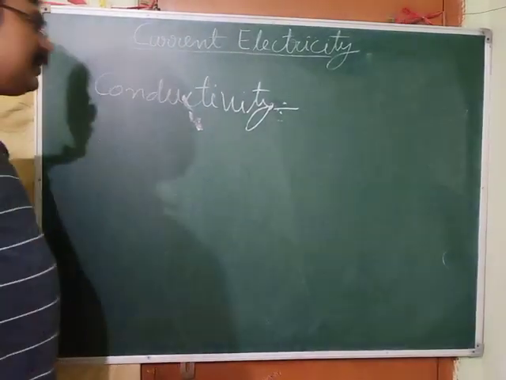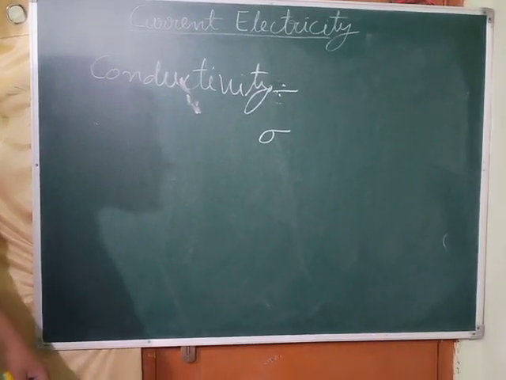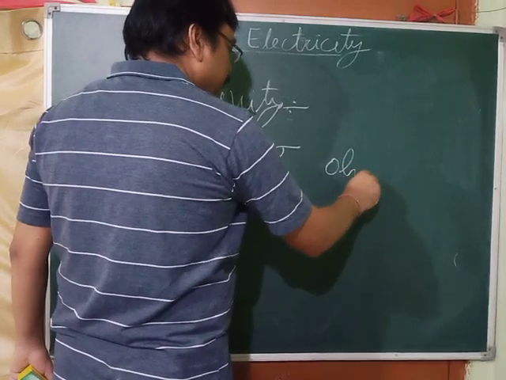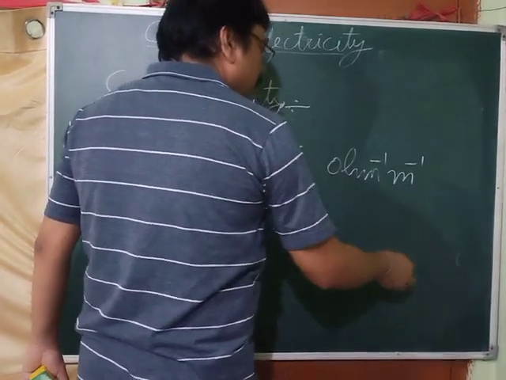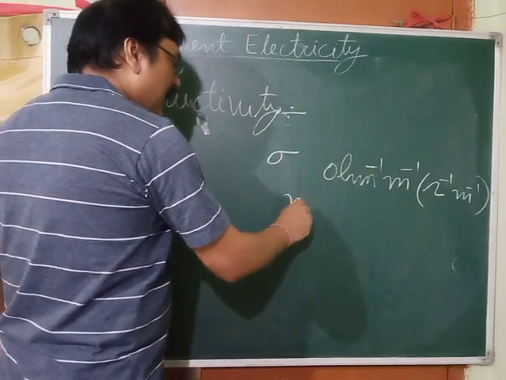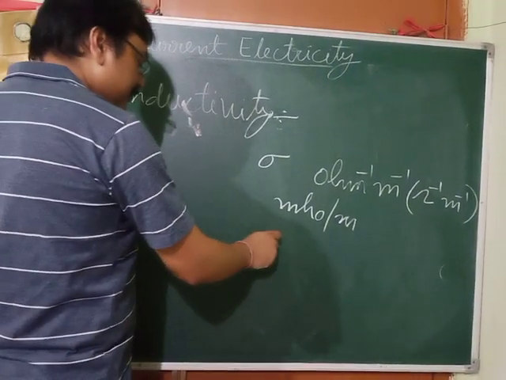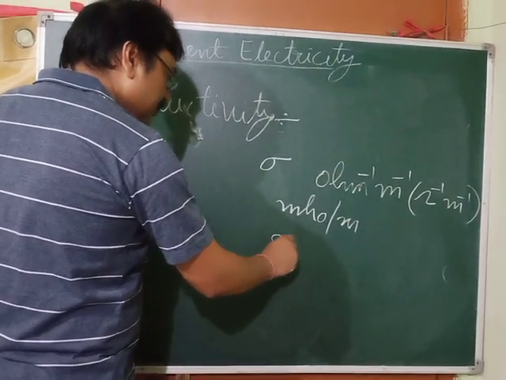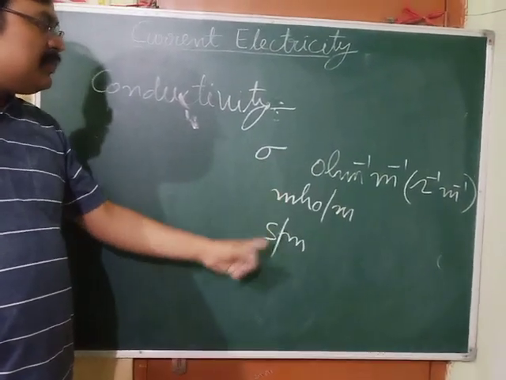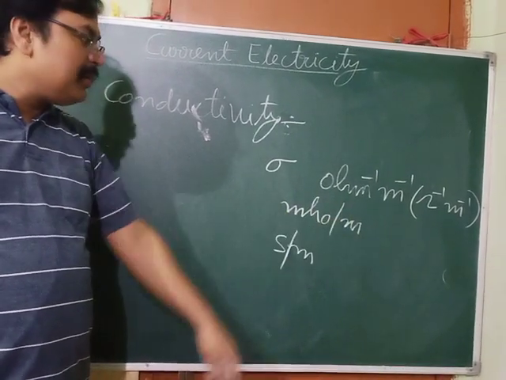It is a scalar quantity denoted by sigma, and has SI unit ohm inverse meter inverse, or mho per meter, or Siemens per meter.